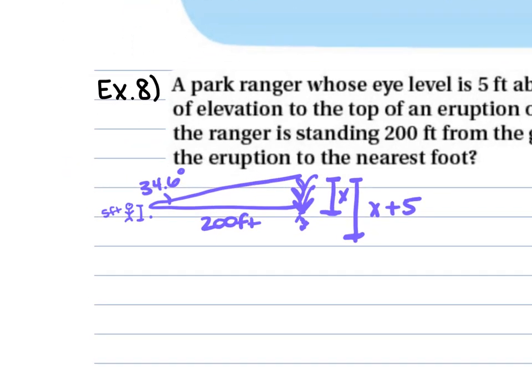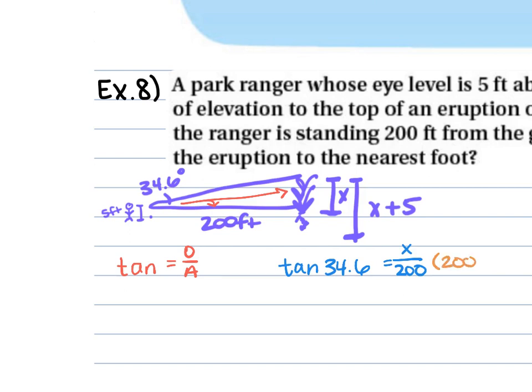So looking at what we're finding, we have opposite, we have adjacent. Okay, so we're going to do opposite over adjacent, A for adjacent, there we go, which is tangent. So from here, we are going to take the tangent of 34.6 degrees and set it equal to the opposite, which is what we're finding, over the adjacent, which is 200.